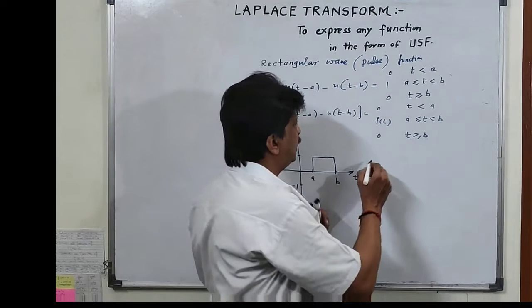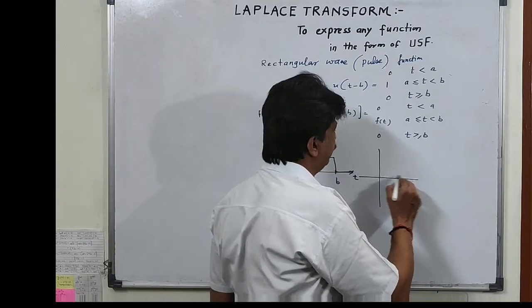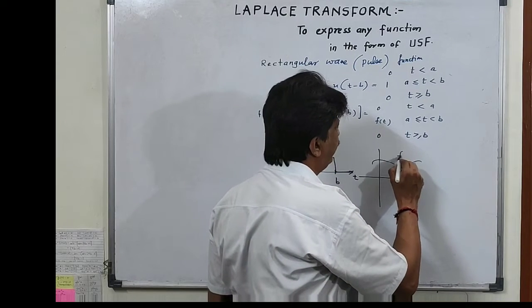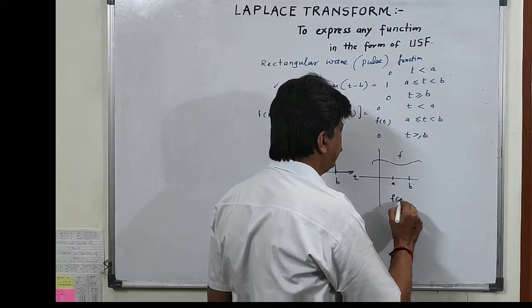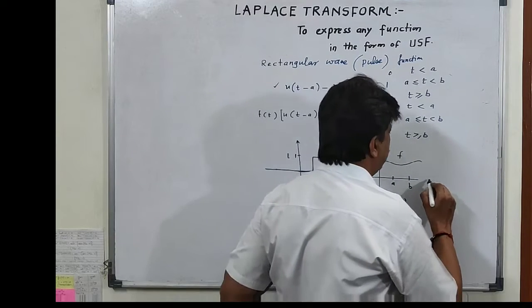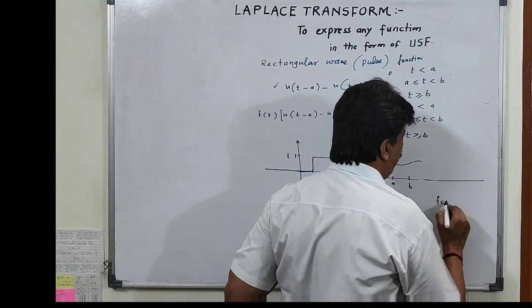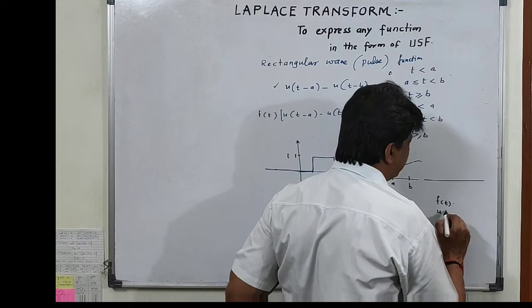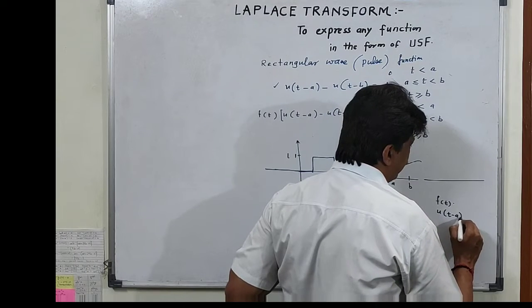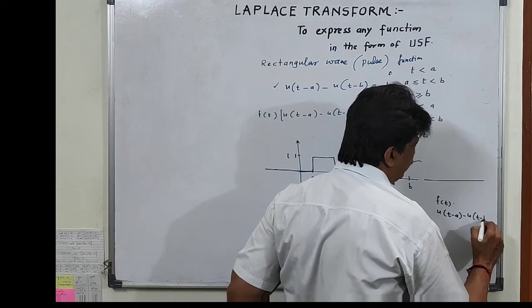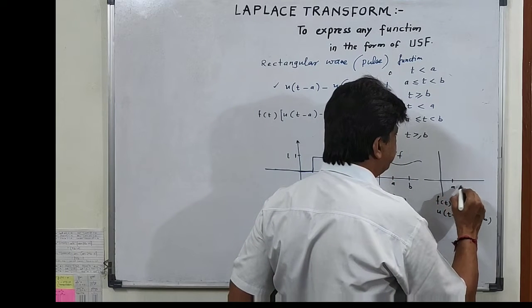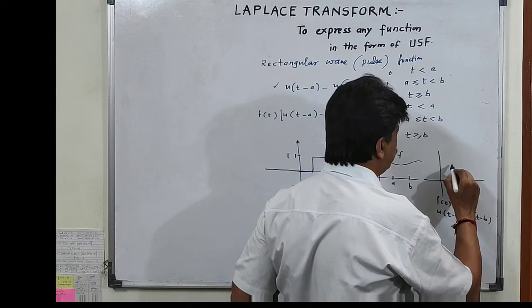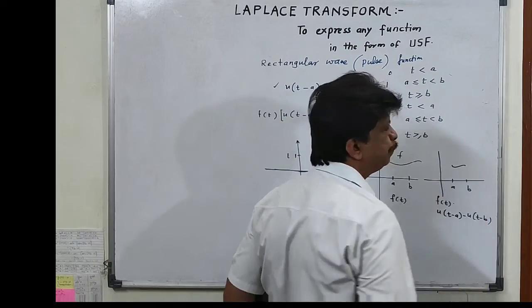So if this is any function f of t, and these are the points a and b, then the plot of f of t into u of t minus a minus u of t minus b would be only the portion of this curve between a and b.